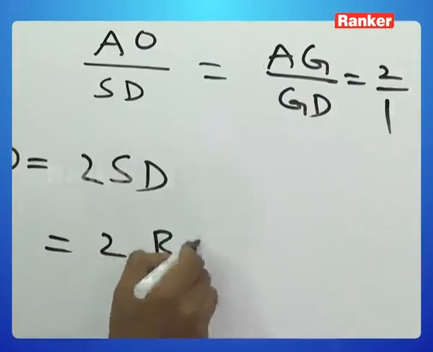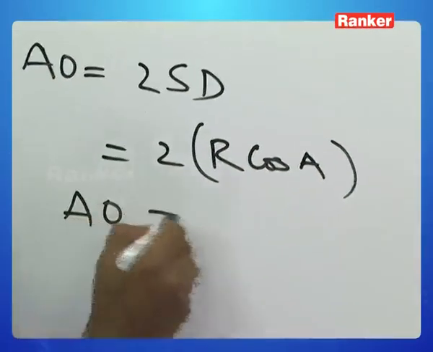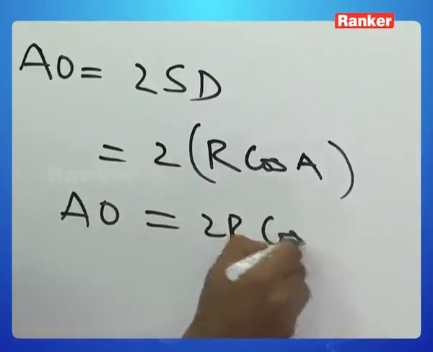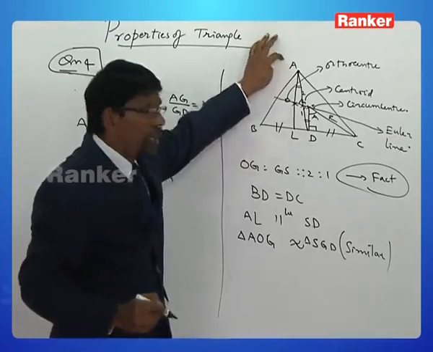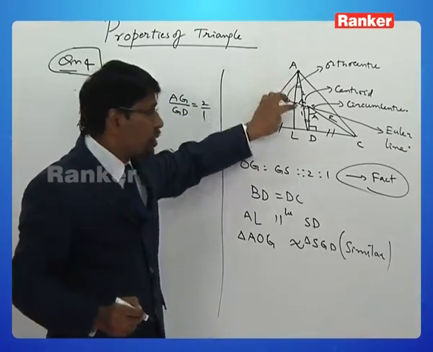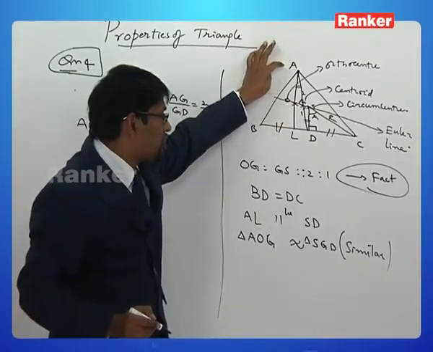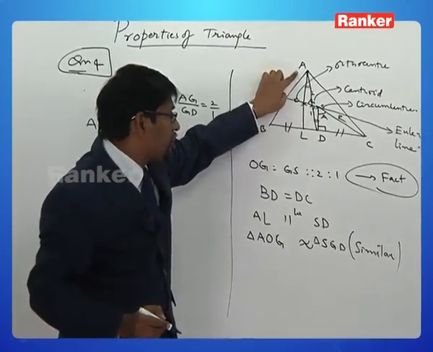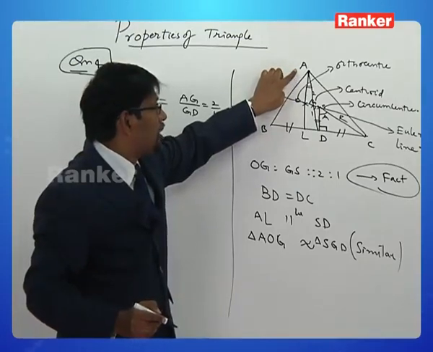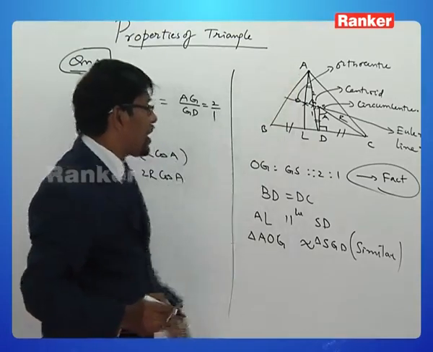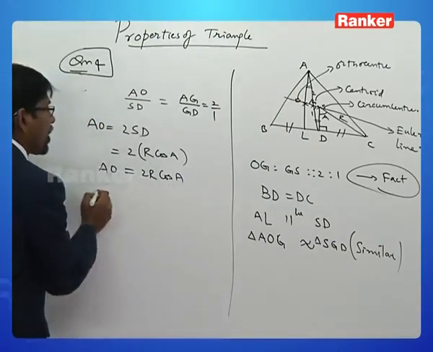So 2 into R cos A, so the AO length will be 2R cos A. That is, the distance between a vertex and the orthocenter will be 2R times the cosine of the angle at the vertex from which that altitude has been dropped. So AO is 2R cos A.